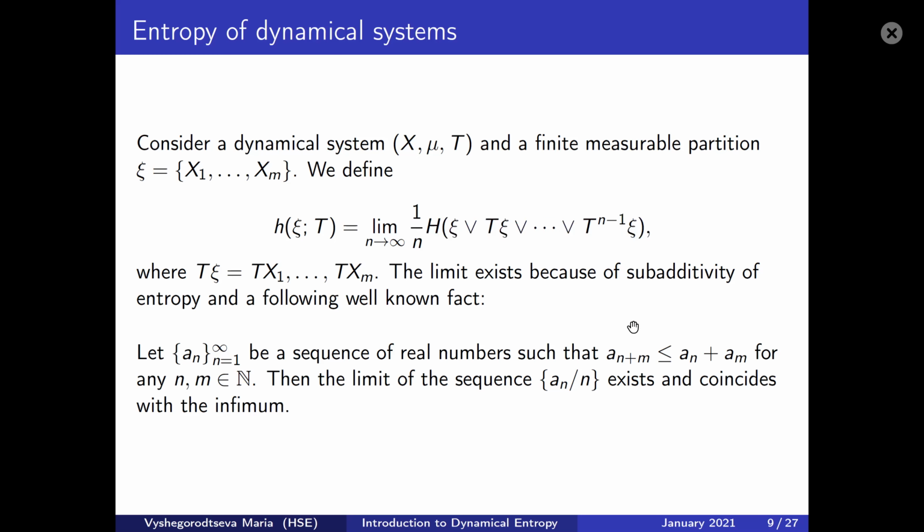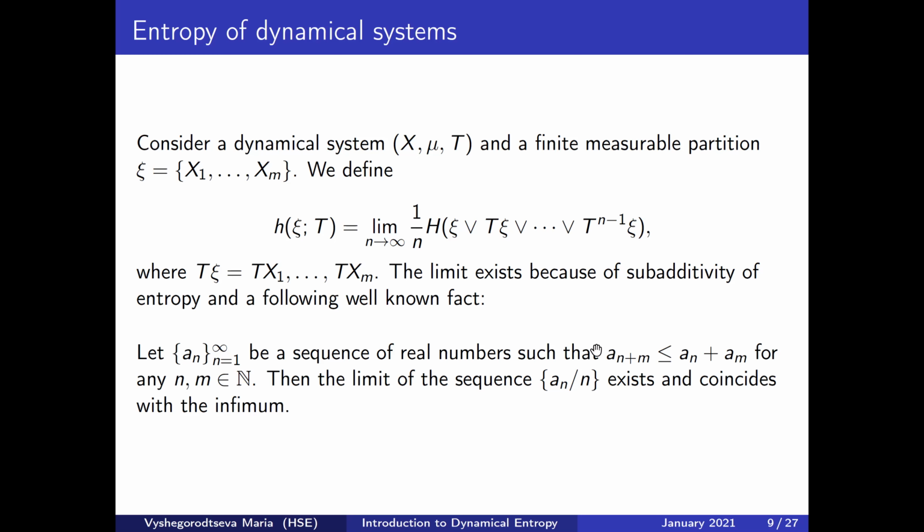So if we take n plus m in place of n, then using the subadditivity we can split it into two parts, and we can say that h of the union from t to the power of 0 to t to the power of n plus m minus 1 is less or equal than h of the union of t0 to t n minus 1 plus we take another part.